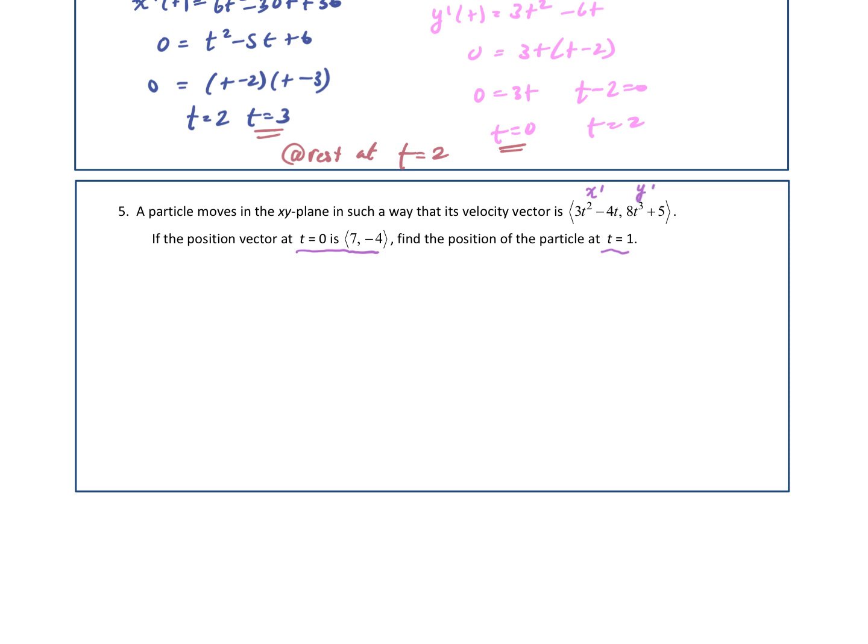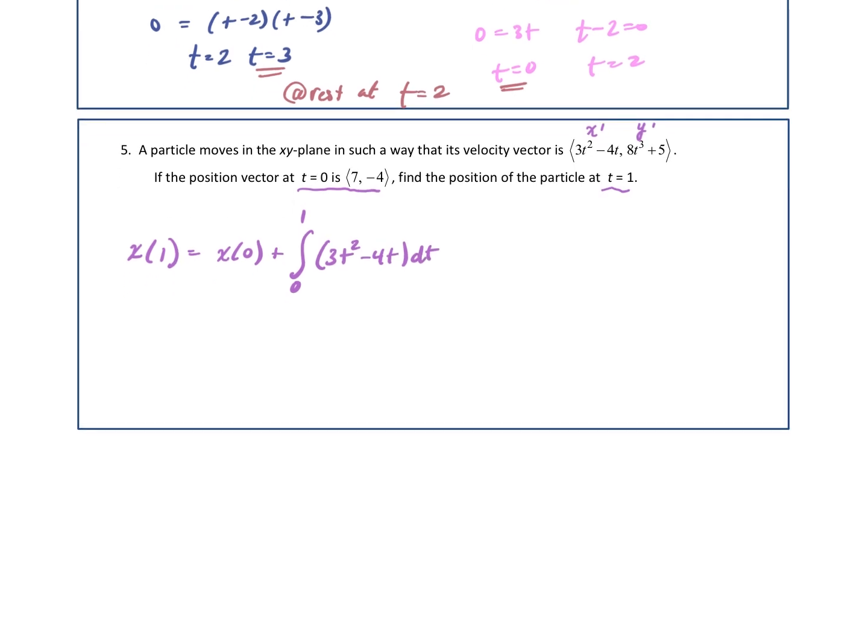So we're going to say x of 1 is going to be equal to x of 0 plus the integral from 0 to 1 of 3t squared minus 4t dt. That's one way to do it.